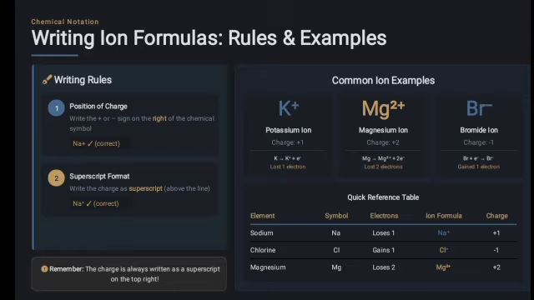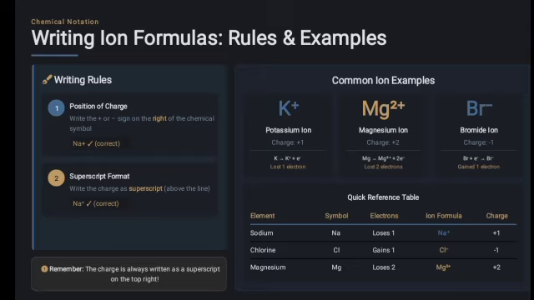But when more than one electron is moving into or out of the atom, gaining or losing more than one electron, then we must write the number with it. Then we write the chemical symbol.